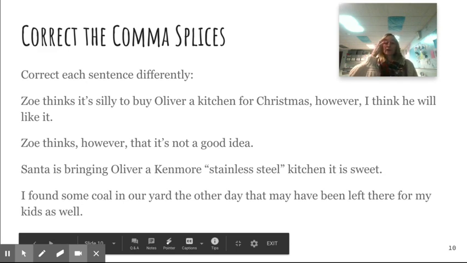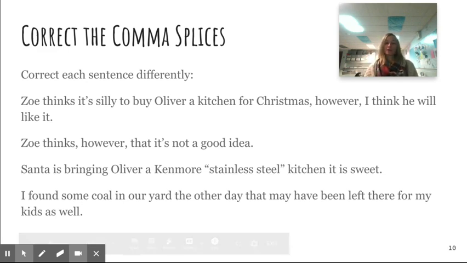So: I found some coal in our yard the other day that may have been left there for my kids as well. Okay. So if I put a comma after "day," that would be a comma splice. I found some coal in our yard the other day, period. That may have been left there for my kids as well. You know what? You could actually keep this. This could be fine, depending on how you say it.